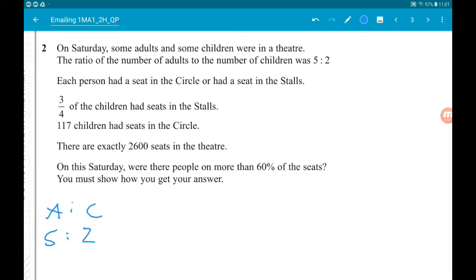Okay, so I think the first thing that I would do is get the target number of seats. So work out what 60% of 2,600 is.